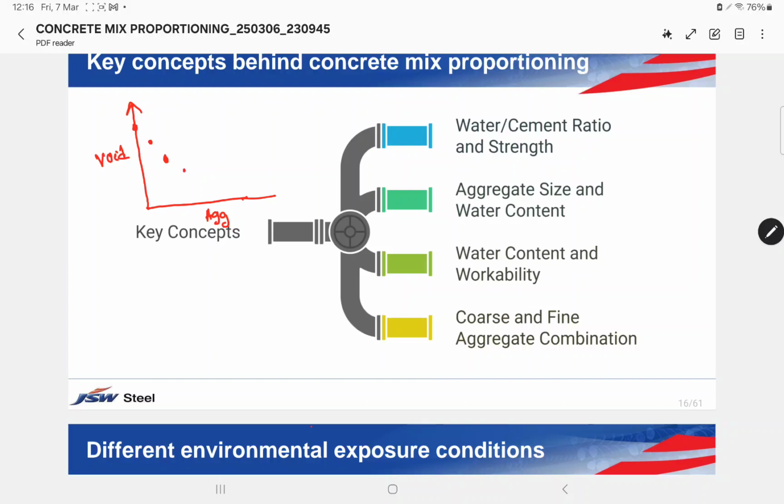But after a certain point, if you remove coarse aggregate and continue to add fine aggregate, there will be no further decrease in void content. Rather, it will again start to go up. So the curve will look something like this.